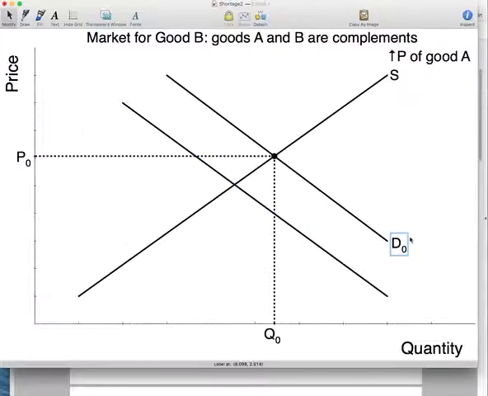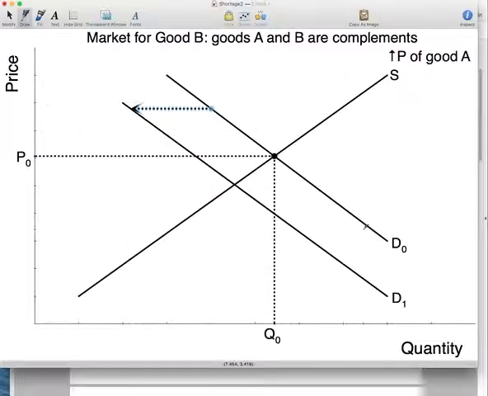And let me copy this. So there's the original demand curve, and now we have a new demand curve, and this shift is being caused by the fact that there's an increase in the price of good A, and goods A and B are complements for one another. Again, you may want to put arrows in here to show that the demand curve is shifting to the left.